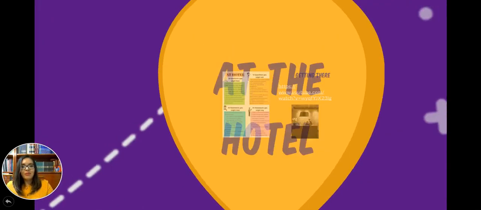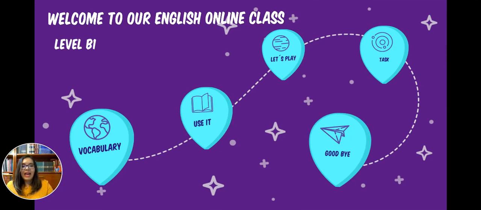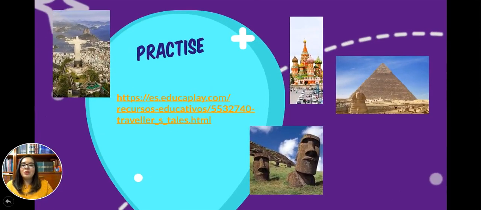Now, let's move on through our presentation, and it's time to play. What we have to do is, how much do you know about the word? Well, it's time to check it. So you need to go to this link and solve this exercise.